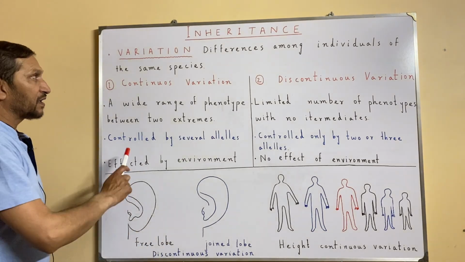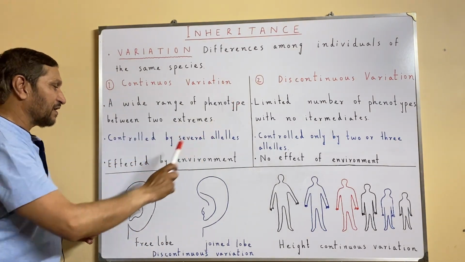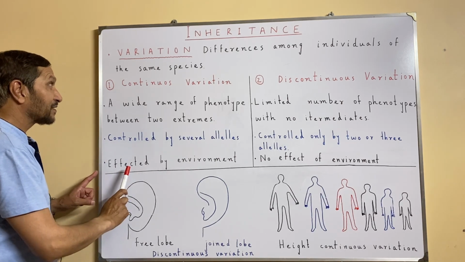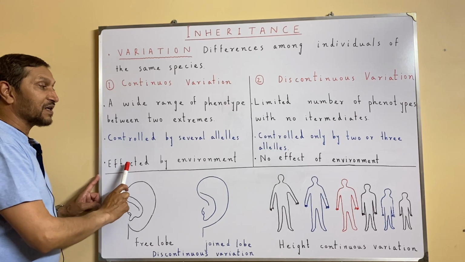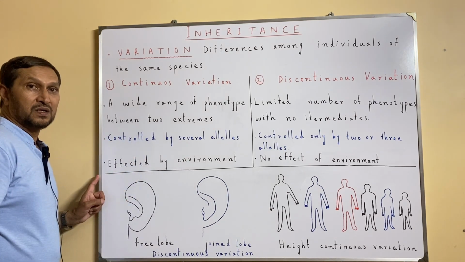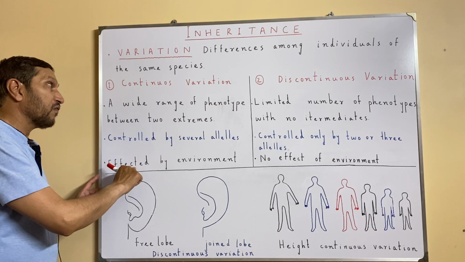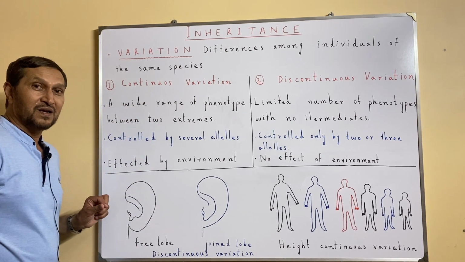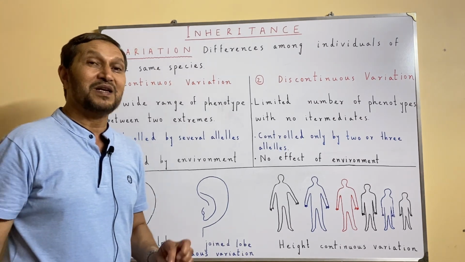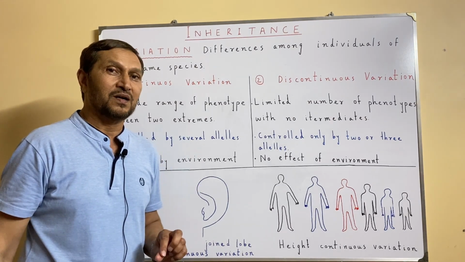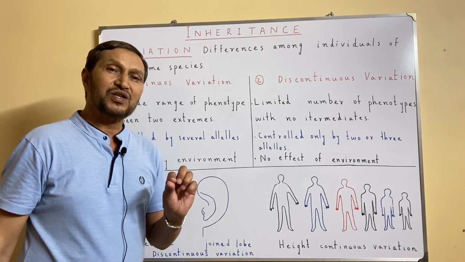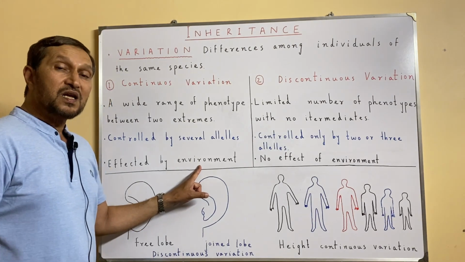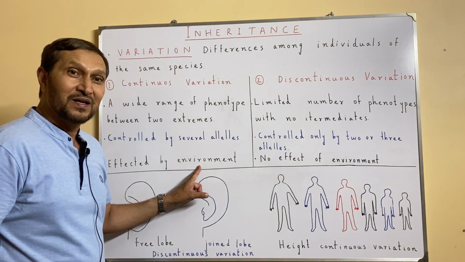The third difference between continuous and discontinuous variation, last but not the least, is that continuous variation is affected by the environment. Environment has great influence on the features of continuous variation. For example, the most common example is once again skin complexion. Skin color is greatly influenced by sun exposure.